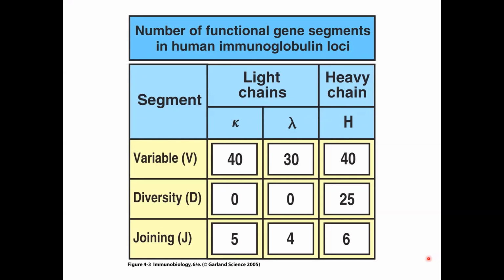That 10 to the 15th number, which is still cited in Janeway, where this figure is from, was derived in the late 80s, early 90s, based on the sequence data we had available then. A more recent estimate puts diversity at potentially 10 to the 50 to 60 unique BCRs or TCRs that can be generated.